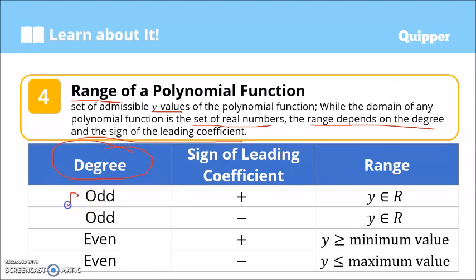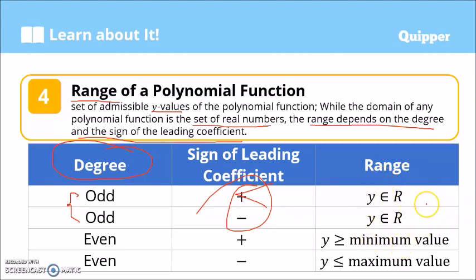Kapag odd number ha, so 1, 3, 5, 7, and so on. So, if the degree of the polynomial function is odd, regardless of the sign, kahit na anong sign ng leading coefficient, positive man yan or negative, yung range niya ay set of all real numbers.